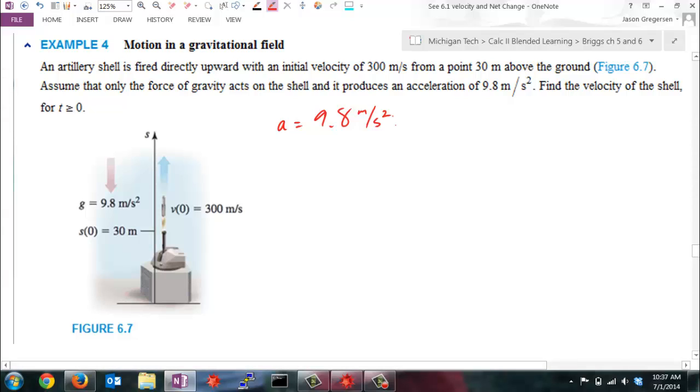Depends on what we count as up or down. Yeah, so we'll count this as negative. Yep, absolutely, right, because it's opposite our direction of motion. All right, so that's our acceleration.